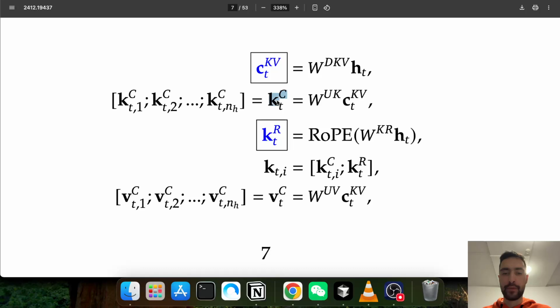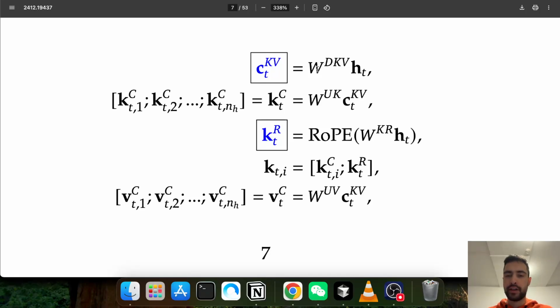So key is smaller than this token because key just explains what it holds. It doesn't hold all of the information, just explains what it holds. And it turns out the information necessary to create the key is smaller than the key. This is getting a bit inceptive. Yeah, it's a bit confusing.